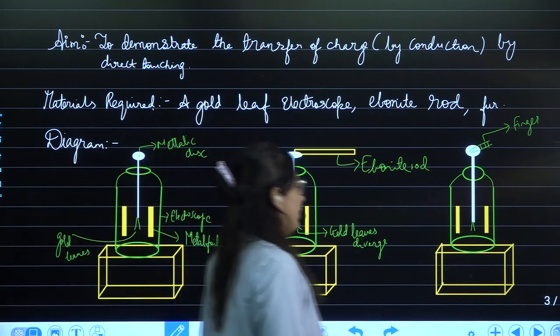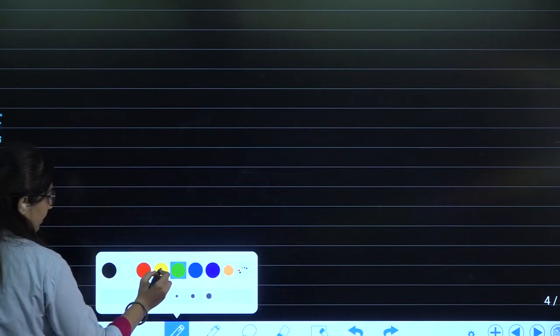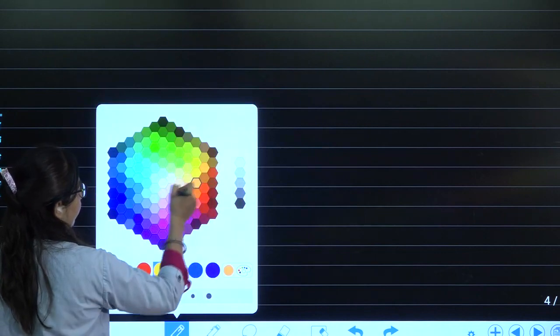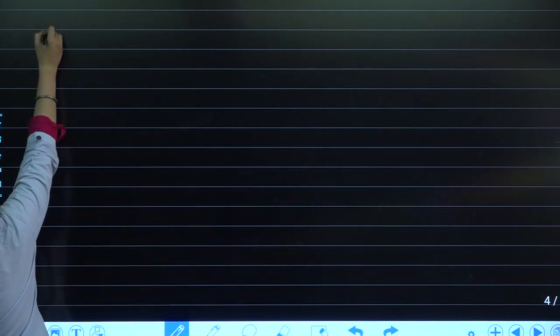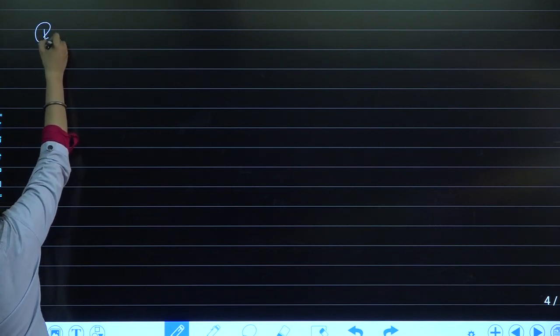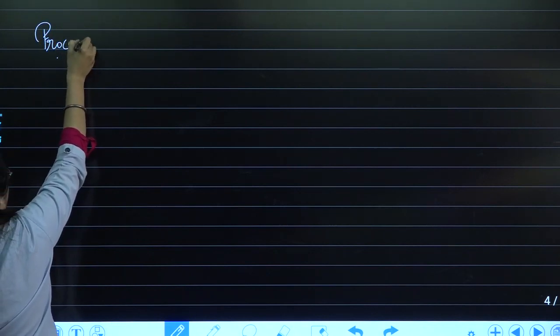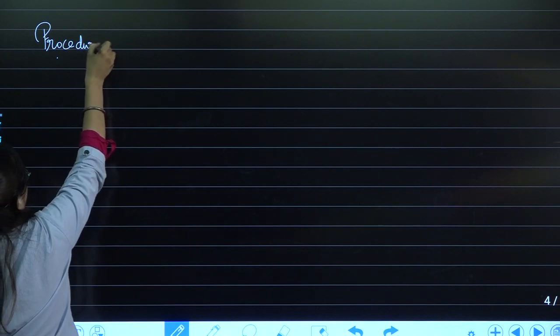Now, let us write the whole experiment. The procedure is over here.